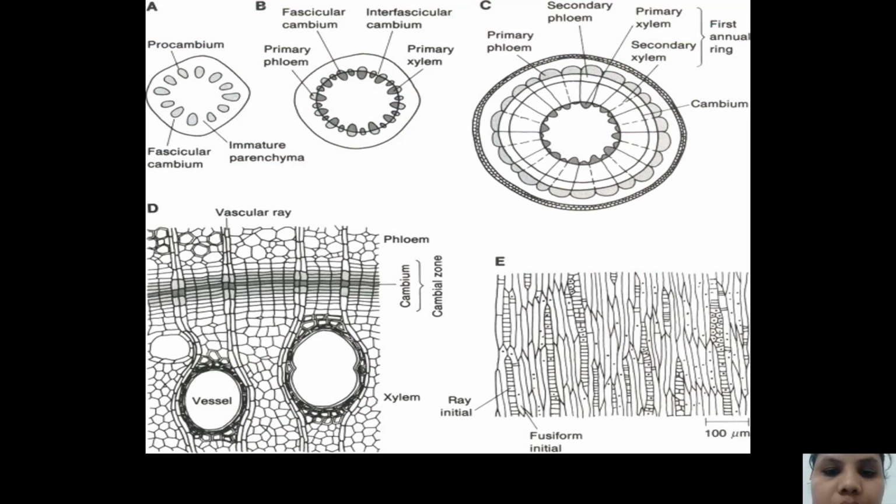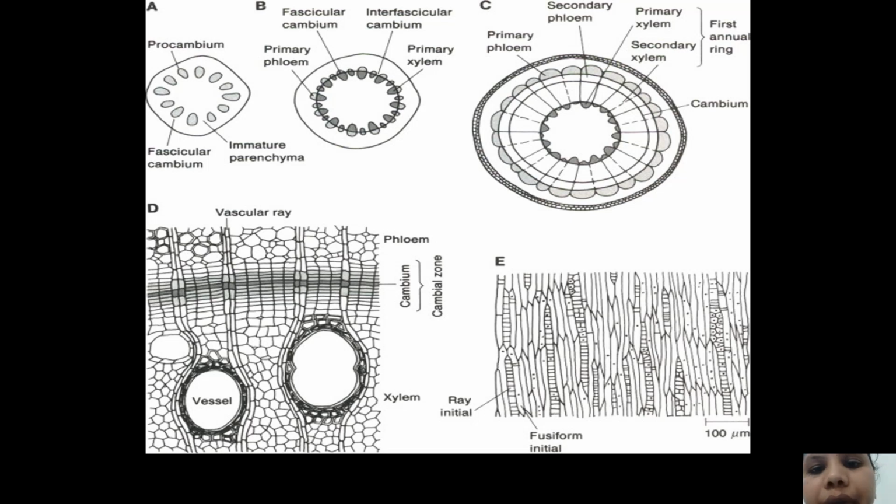Now, here, initially, when the plant is in its primary structure, we can see how the vascular bundles are arranged and the procambium is present, and later on the intervascular and vascular cambium join and form the cambial ring, and we can see primary phloem and primary xylem.